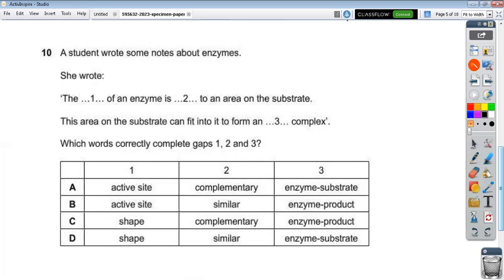Is it A? It's A. The active site of the enzyme is complementary to an area of the substrate. The area of the substrate fits into it to form an enzyme-substrate complex.